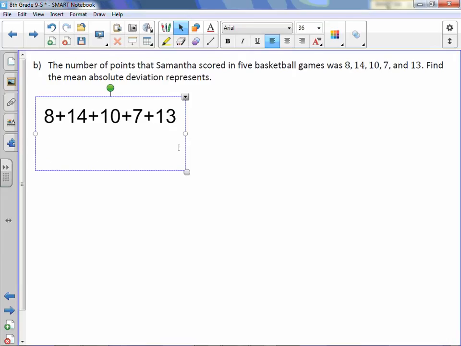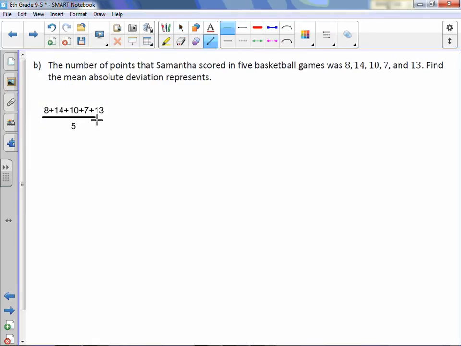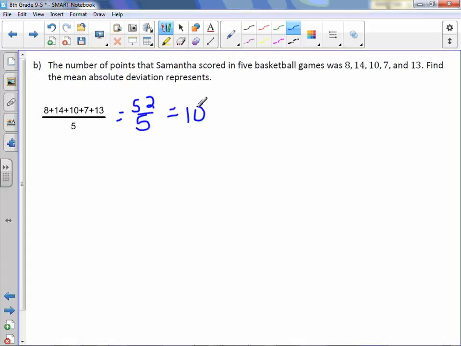And divide it by 5 numbers this time. Which equals 52 over 5. Which equals 10.4.